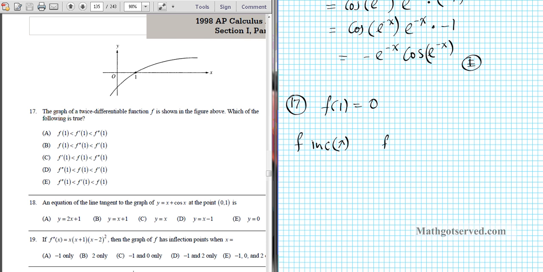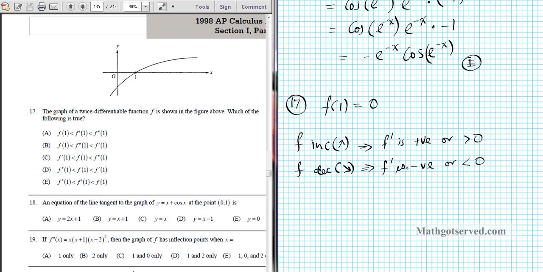That means f prime is positive, or we can say it's greater than 0. If the function is decreasing, or going down, what does that tell us about f prime? Well, that tells us that the slope is going to be negative, right? So f prime is going to be negative, or less than 0.